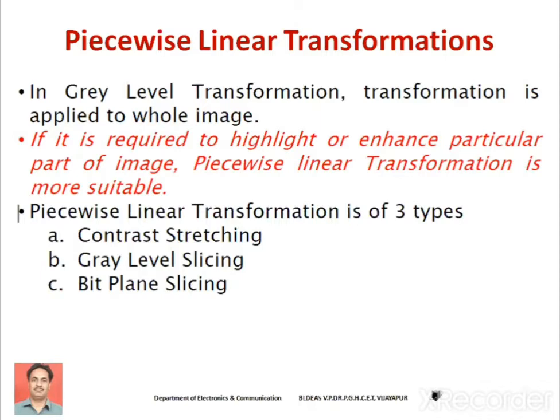In the syllabus, we have three different piecewise linear transformations: contrast stretching, grey level slicing, and bitplane slicing. These are the three piecewise linear transformations given in the textbook. We'll discuss them one by one.